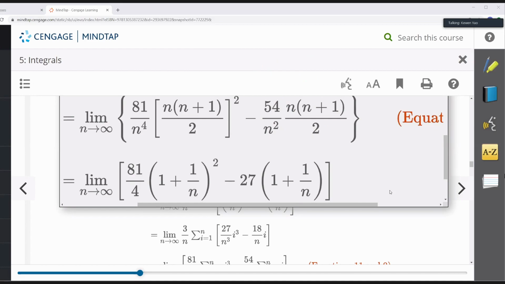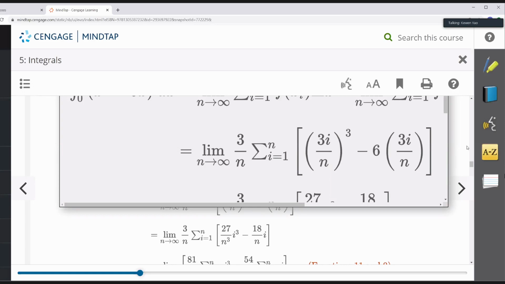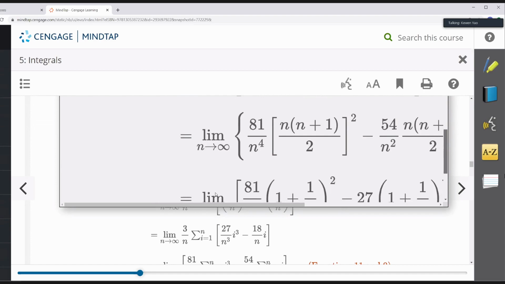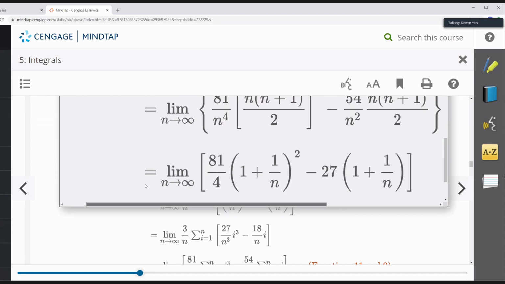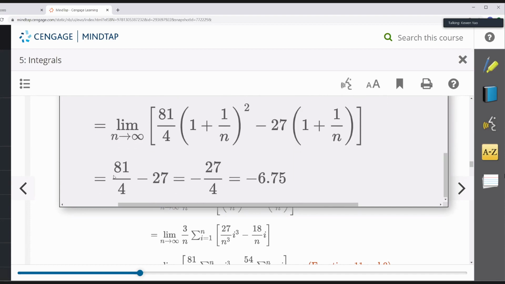Now you can compute the limit as n approaches infinity. We're almost done. You calculate this limit as n approaches infinity. So this goes to 0, this goes to 0. So you have 81 over 4, because this goes to 0, 1 squared is 1.